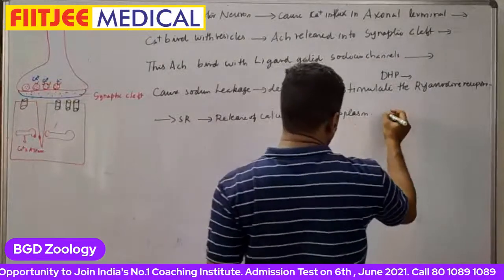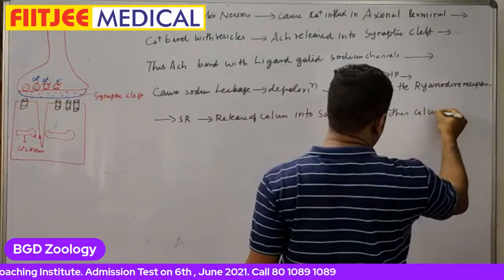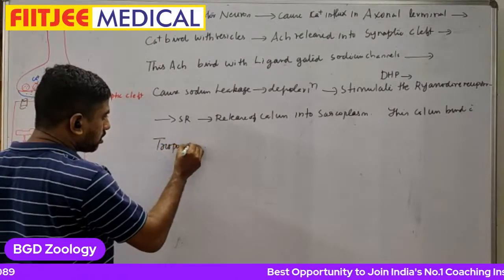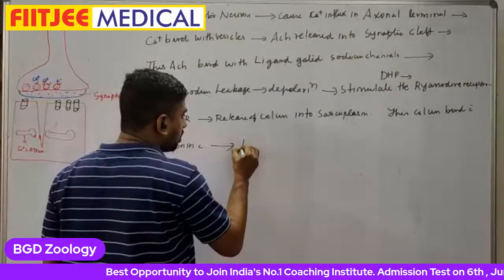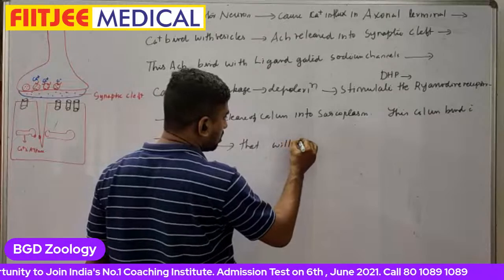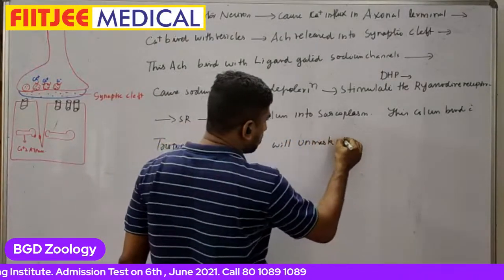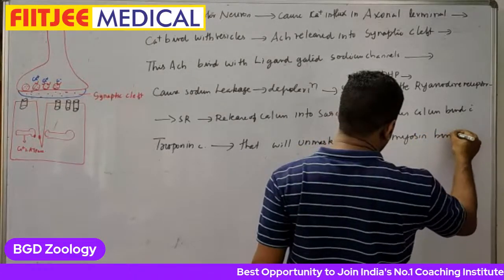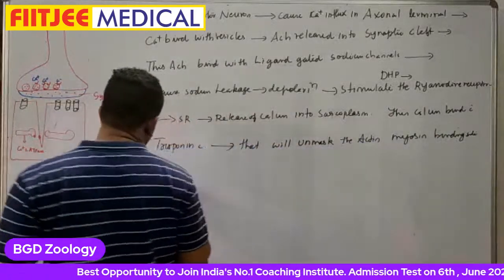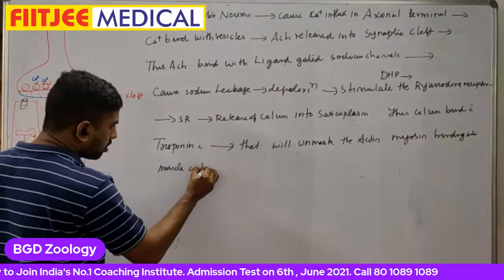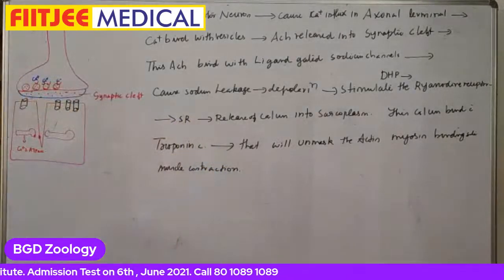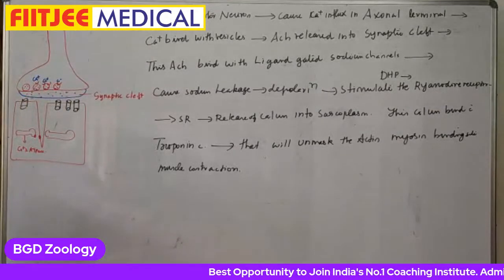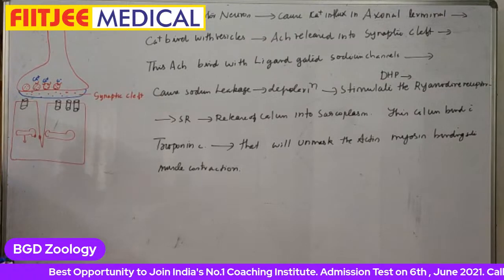Okay. This calcium binds with troponin C and finally that will unmask the actin myosin binding site. So that contraction. Clear? So everybody make it very clear. Now what we have to understand, one point here. Very clearly everybody listen. So this is about the muscle contraction.